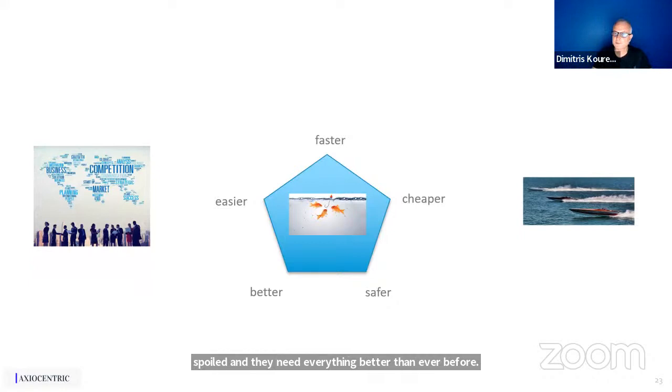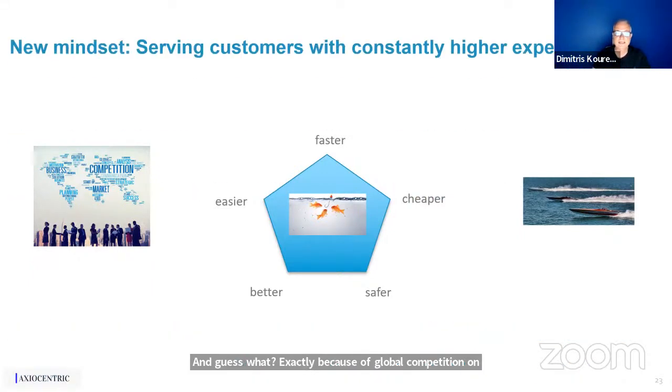Exactly because of global competition on one side and asymmetrical competition on the other side, they spoil them. So we have customers that constantly have higher expectations. That makes it very difficult to run the business for any company. So our customers have all the time higher expectations. We need this kind of new mindset instead of considering them as passive fishes over there.